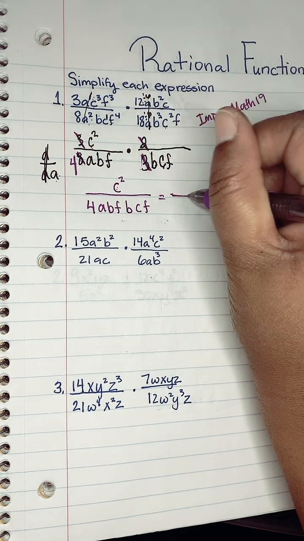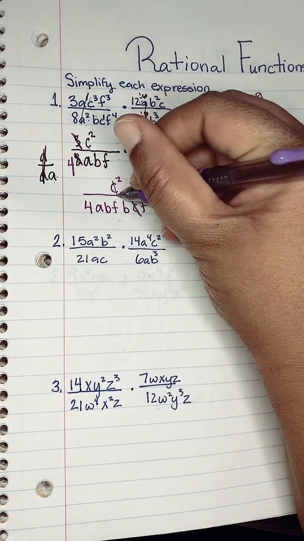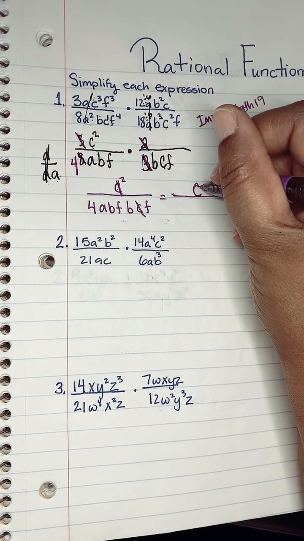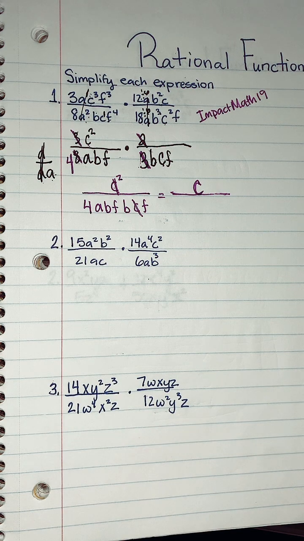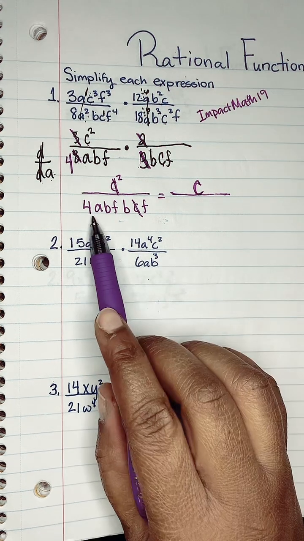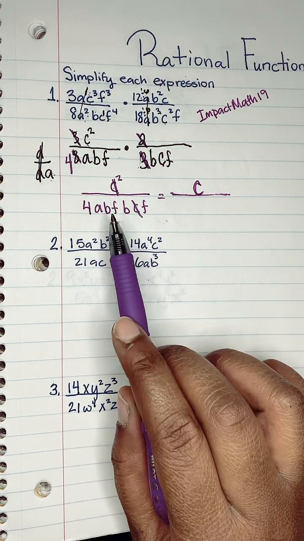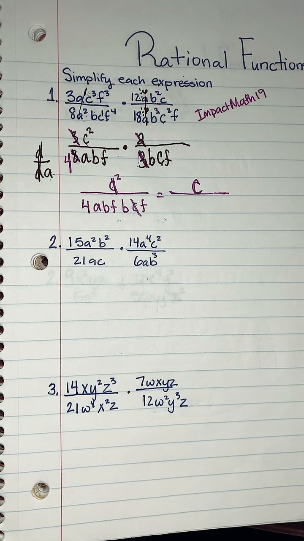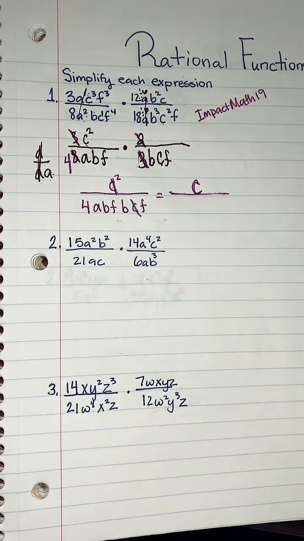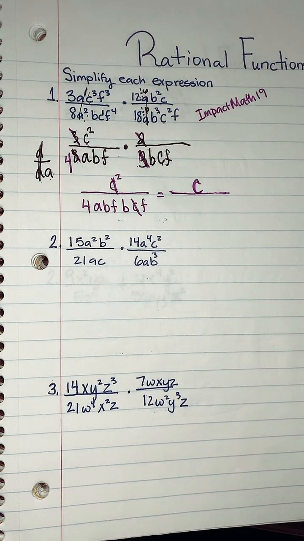So what we can do is that will cancel here and leave us with just one C. Now, whenever we're multiplying variables, what do we do with their exponents? Does anybody remember when we are multiplying variables, what do we do with our exponents?